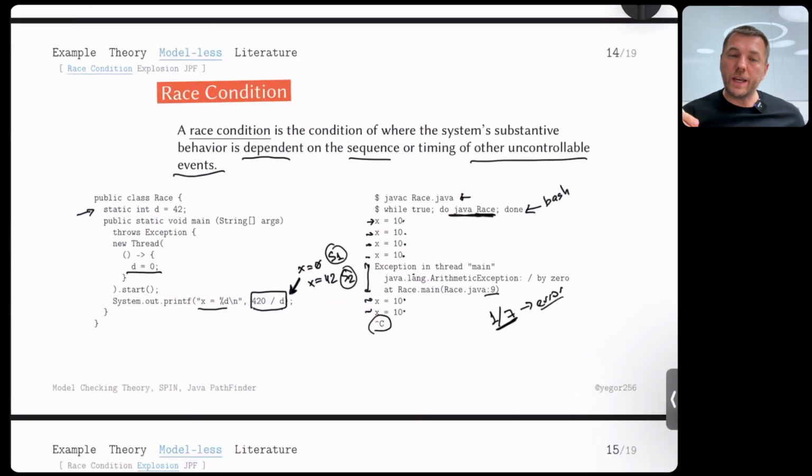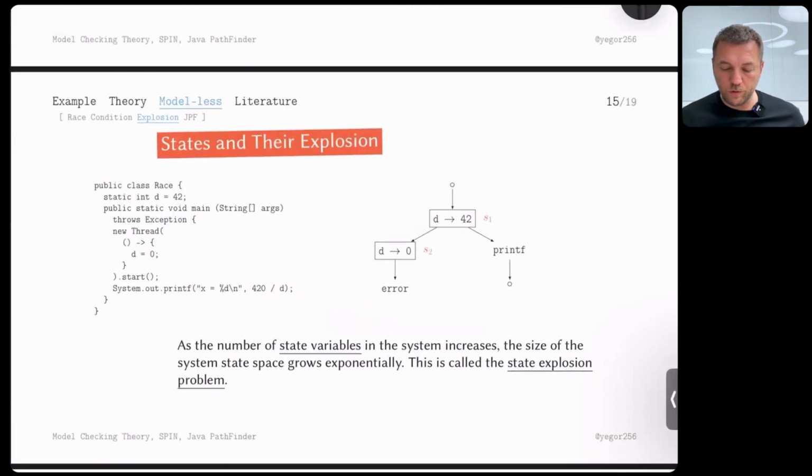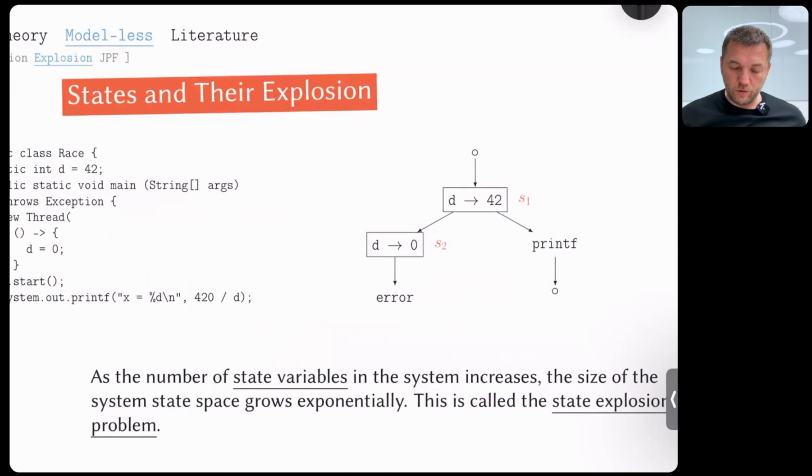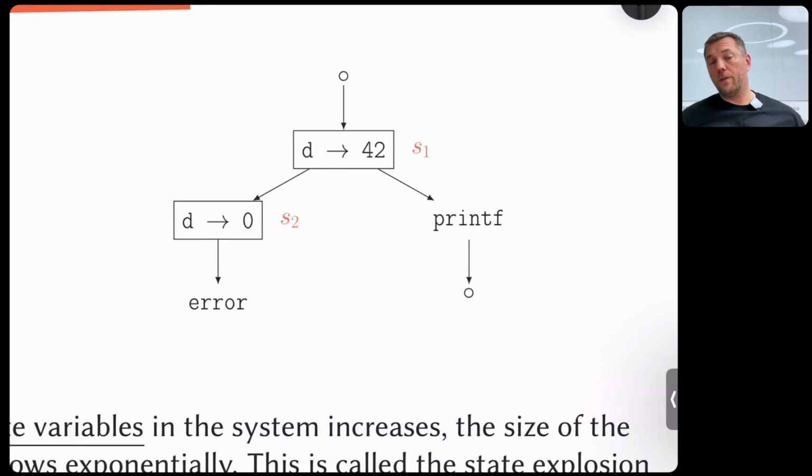And now let's see how we can detect this race condition using a tool. Before we go to the tool, let me show you exactly what I just said to you, the states. So look at this code again. You saw it, and now see the graph of the transitions, the visual representation of states and transitions between them. First we start the program here, and then we move to state 1. In state 1, d is equal to 42.